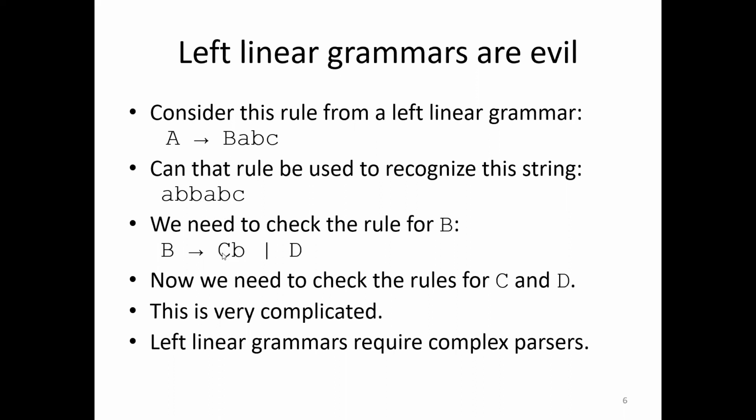For that, you need to choose the correct alternative for the expansion of B, either C b or D. To choose the correct alternative, you will have to see the production rule of C and the production rule of D, to guess whether C will eventually expand to abb, which is the start of the input string, or D will eventually be expanded to get this abb string.